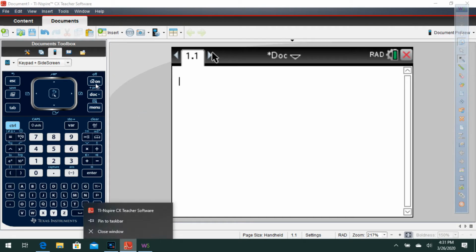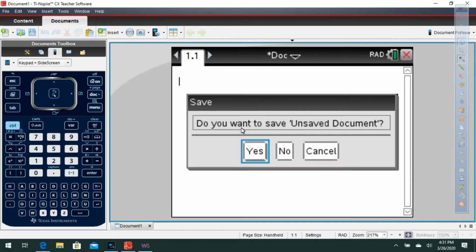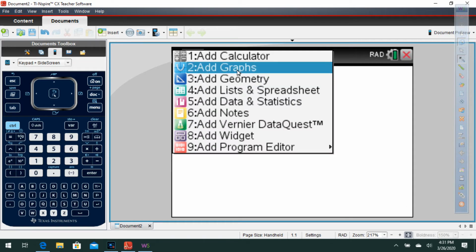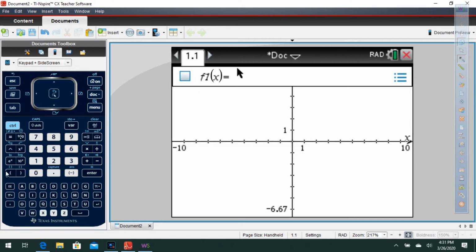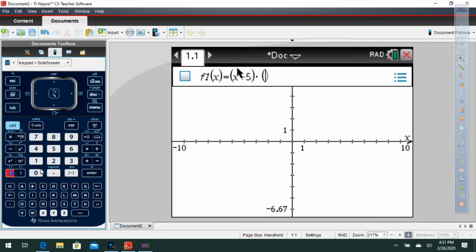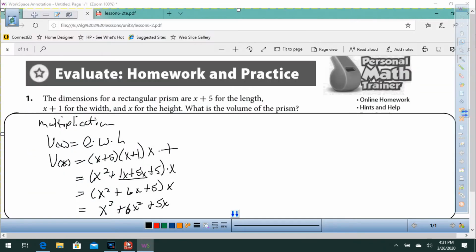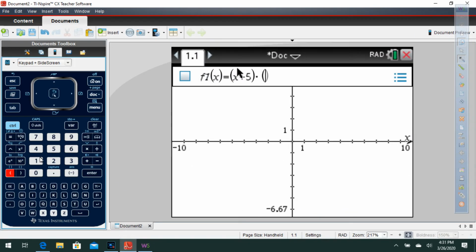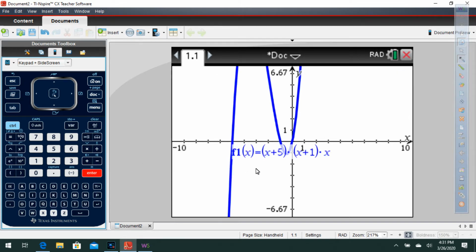We're going to go to a new document, then go to graph, and we've got x plus 5 close parentheses times x plus 1 close parentheses, and then times x. When you're putting this in the calculator, you have to make sure you put times between them. And then you press enter.